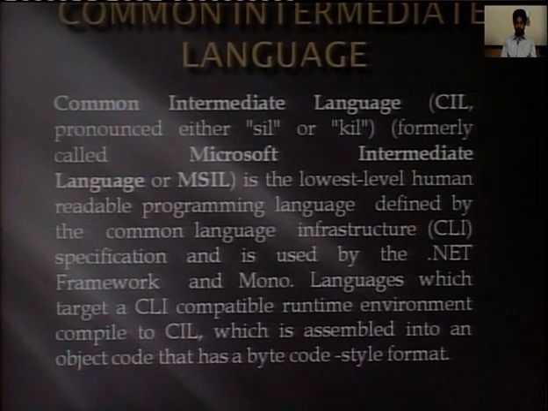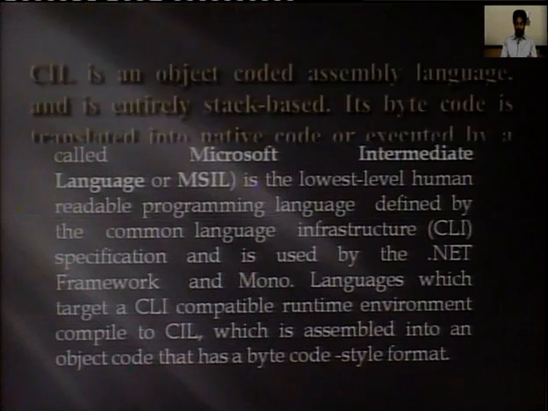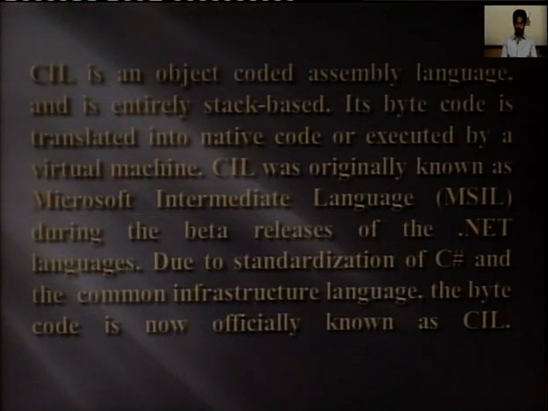Languages which target a CLI-compatible runtime environment are compiled to CIL, which is assembled into an object code that has a bytecode-style format. CIL is an object-oriented assembly language and entirely stack based. Its bytecode is translated into native code or executed by the virtual machine.